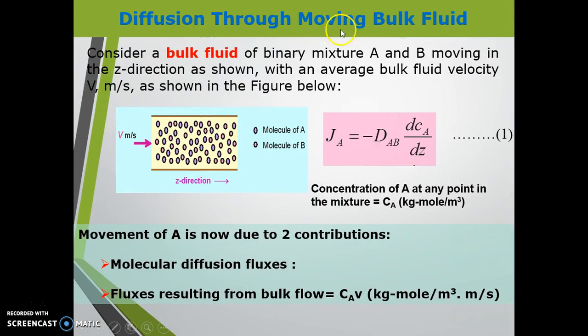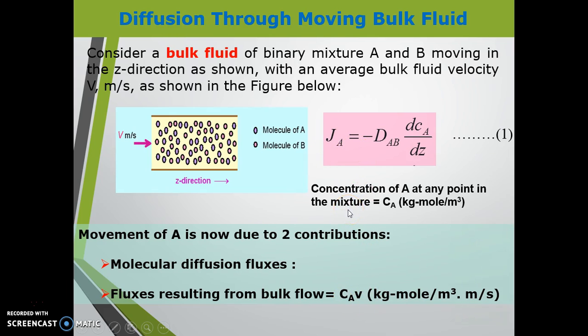So in this slide, I want to show you how to differentiate between JA and NA. This equation is Fick's law, which is JA equals minus DAB dCA over dZ, where C is constant. If we want to convert from JA to NA, there must be some convective process which results in the bulk flow, CA times V, concentration times velocity.